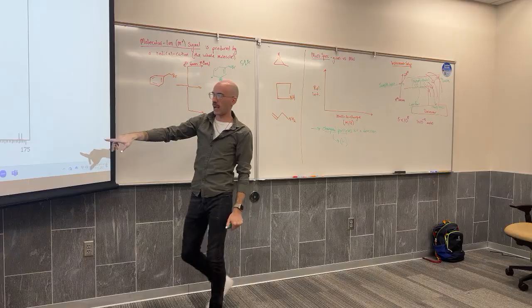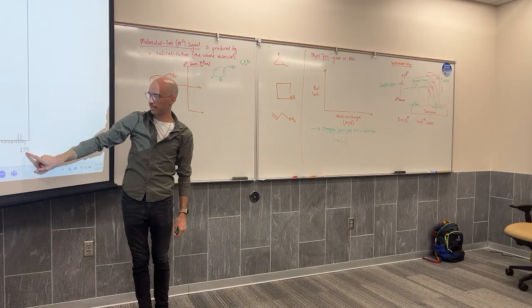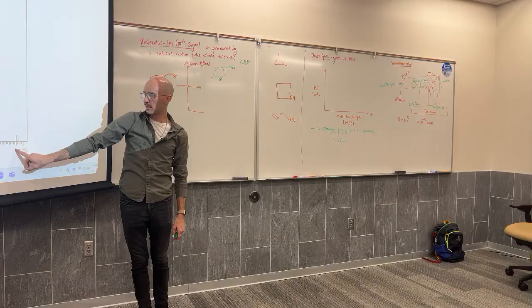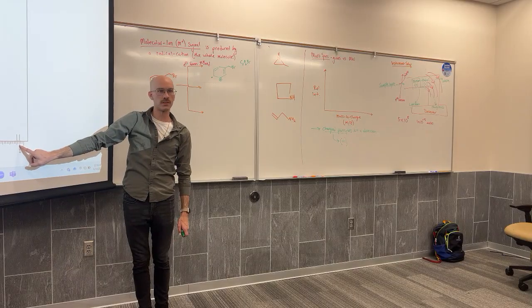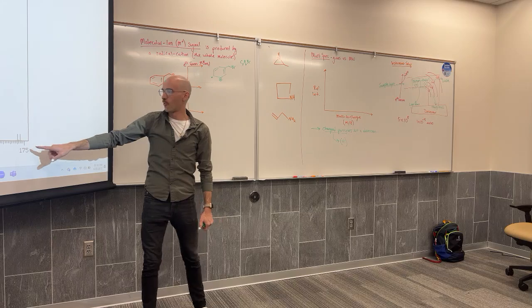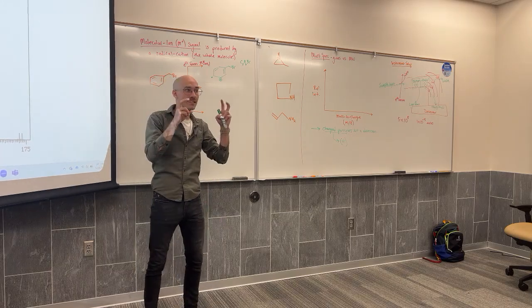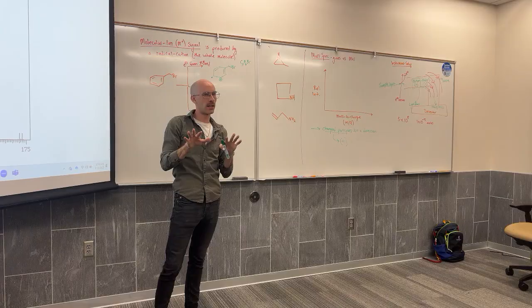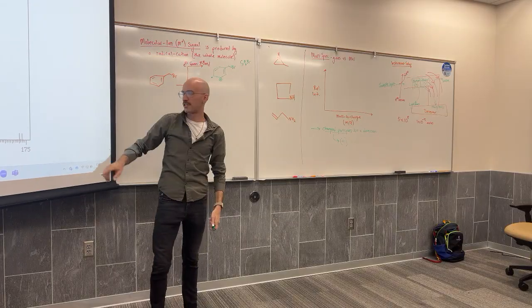And now we look at our mass spectrum. Look at these two signals. That's 170, and that's 172. I don't get a signal at 171. If you had actually used the values from the periodic table, you would have gotten something close to 171.